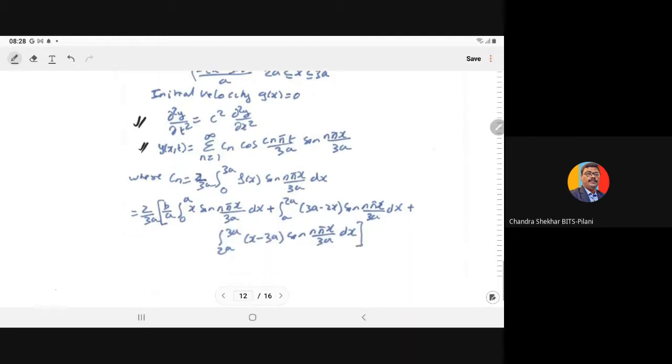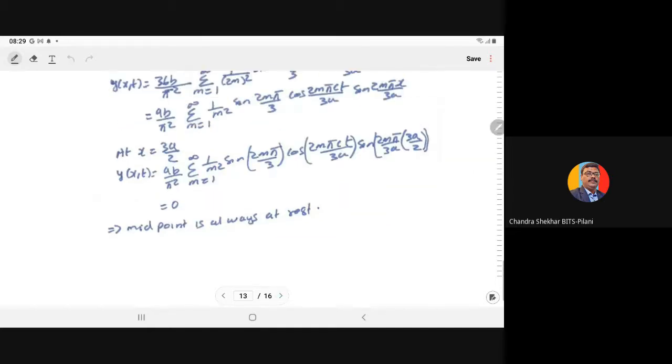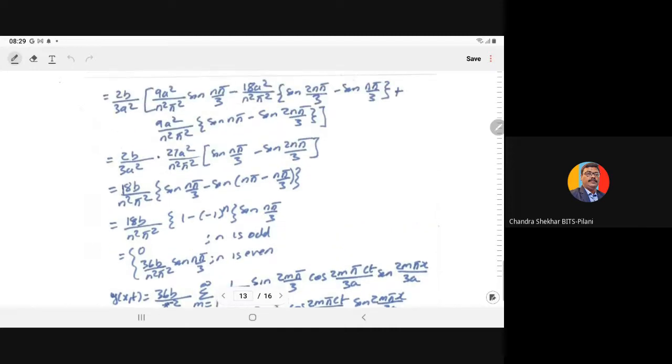So we just break this integral into 0 to a, a to 2a, and 2a to 3a, and write the corresponding f(x). So 2 upon 3a times b upon a times the integral 0 to a of x sine of n pi x upon 3a dx, plus integral a to 2a of (3a minus 2x) sine of n pi x upon 3a dx, plus integral 2a to 3a of (x minus 3a) sine of n pi x upon 3a dx.